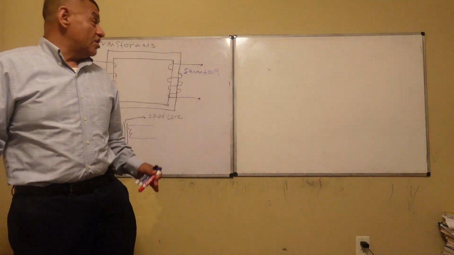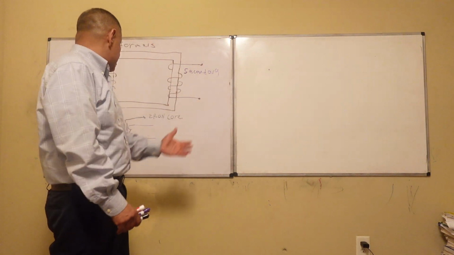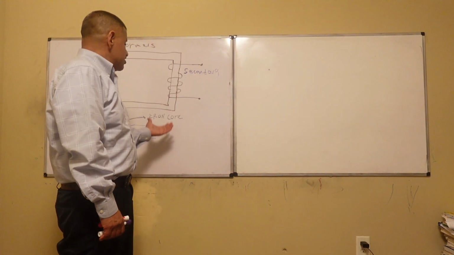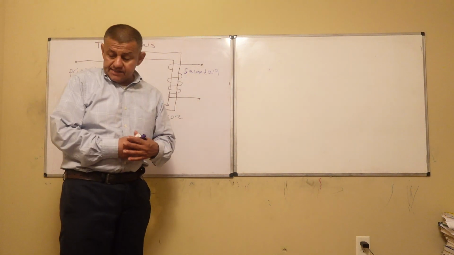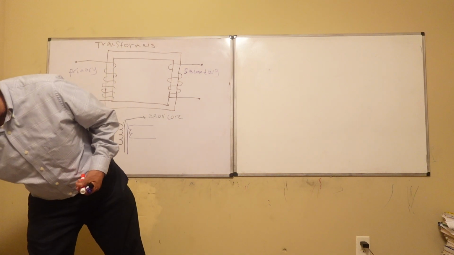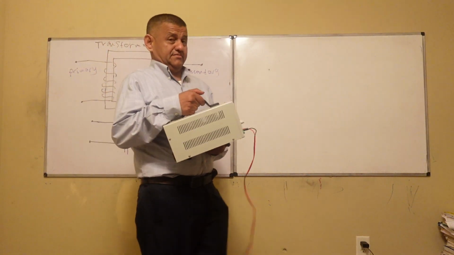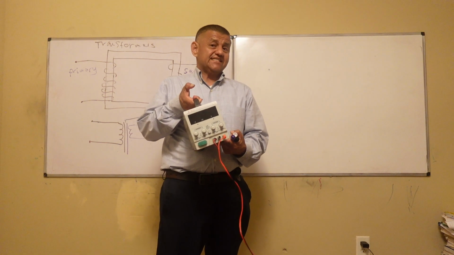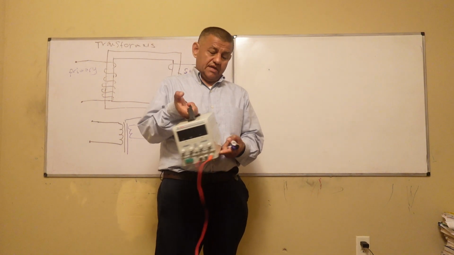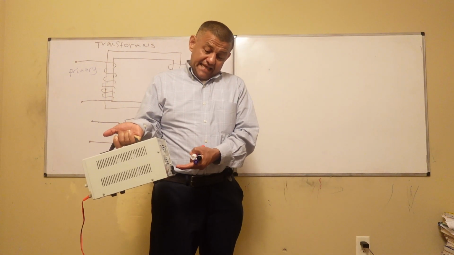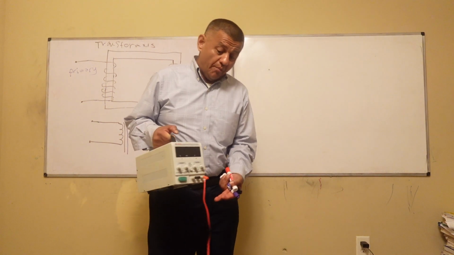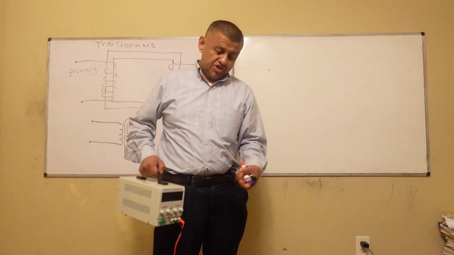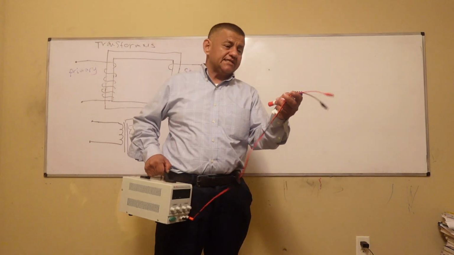Because if you start looking for information online right now, there's a bunch of guys online saying that this guy right here is a transformer. This is not a transformer. This is a power supply, right? This takes AC voltage and converts it to DC voltage. That's what I have right here, the DC voltage coming out.